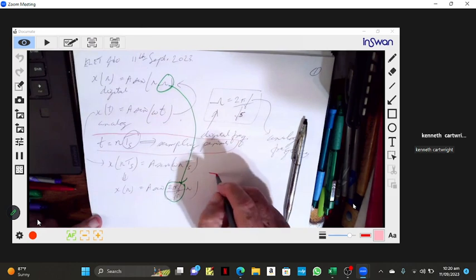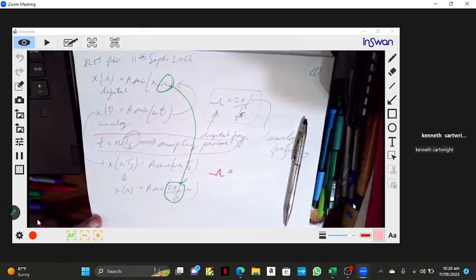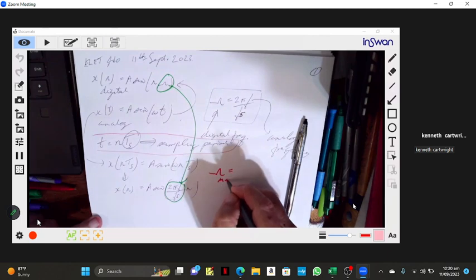So what's the maximum value of omega? Omega max is how much?